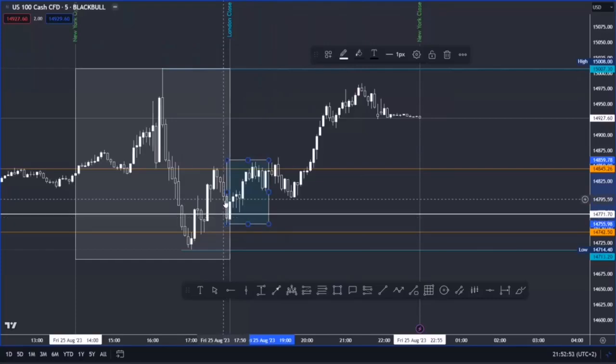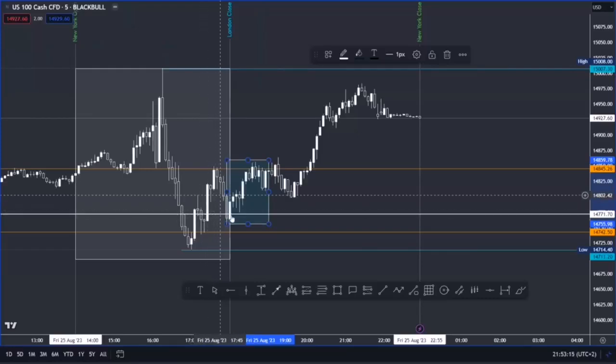Number two, it will look for running for liquidity. So understanding bias, obviously, this would be a run of liquidity to this side, taking out this previous low and coming into this particular order block.